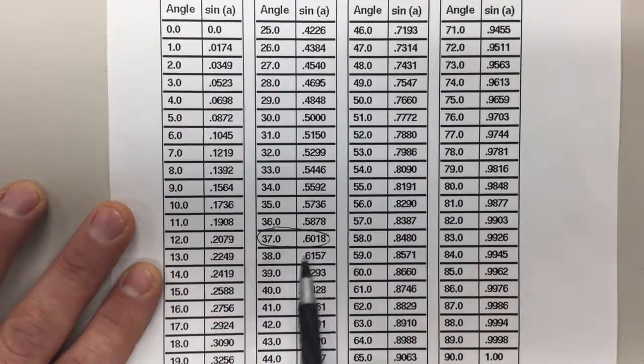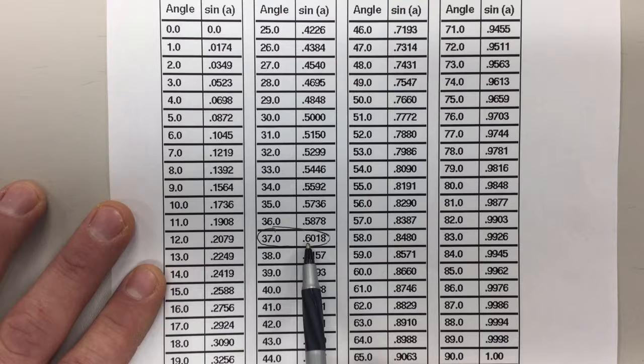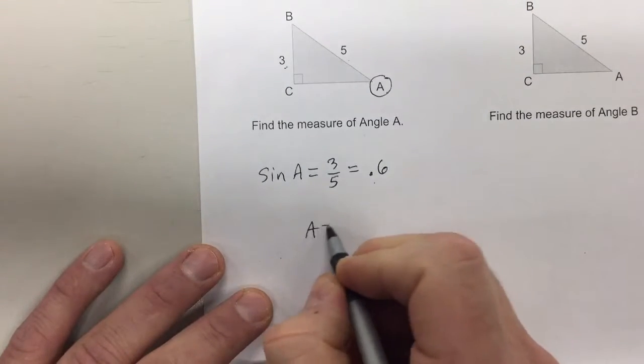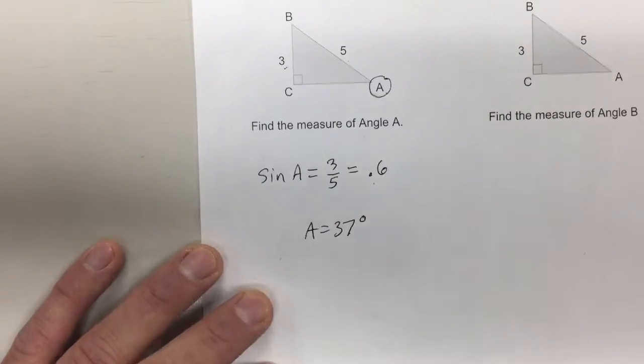You may not find it exactly, but just get extremely close. So this is close, 0.6018. So the angle would be 37 degrees. So over here, I would say A equals 37 degrees.